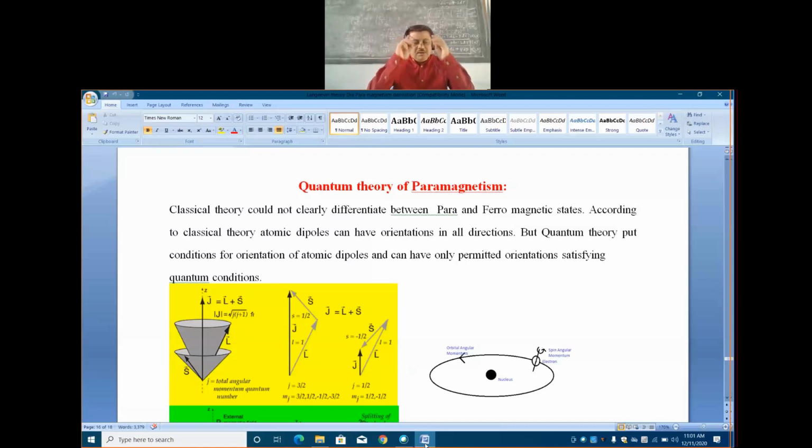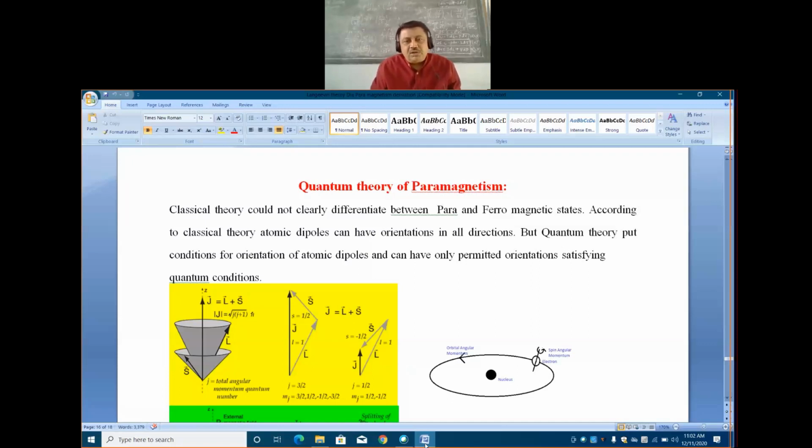While discussing the classical theory, we observed that we could not make a clear differentiation between the para and ferromagnetic properties. According to classical theory, the atomic dipoles are permitted to have orientation in all possible directions.